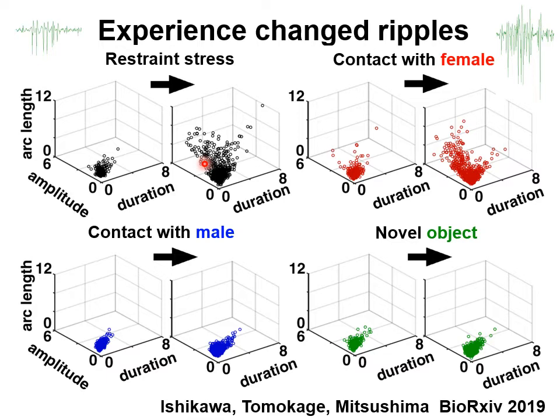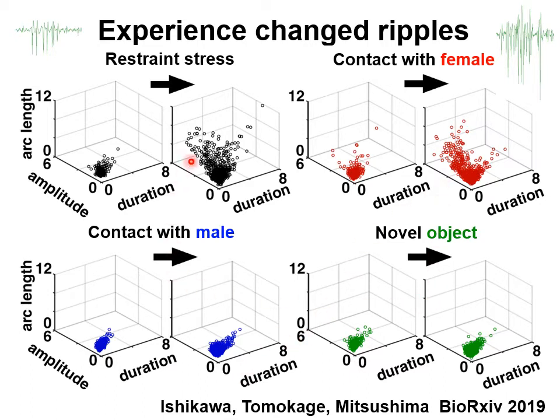Because we also plotted peak data simultaneously, actually these are 4-dimensional plots. If you could, please imagine 4-dimensional space. By analyzing the difference of the 4-dimensional plotted region, we found experience-dependent and experience-specific change in the ripple features.